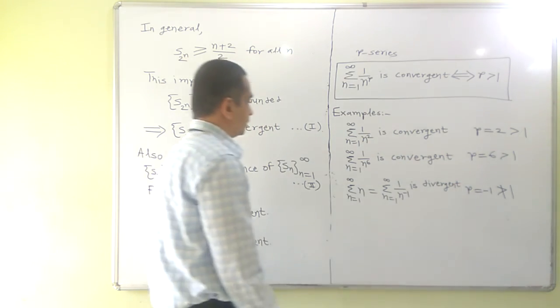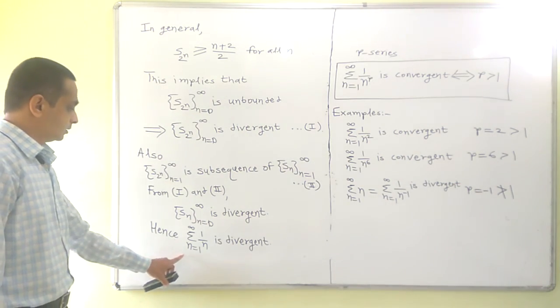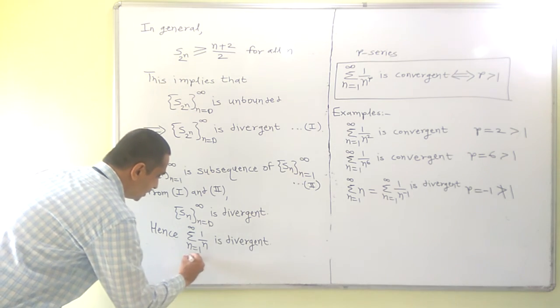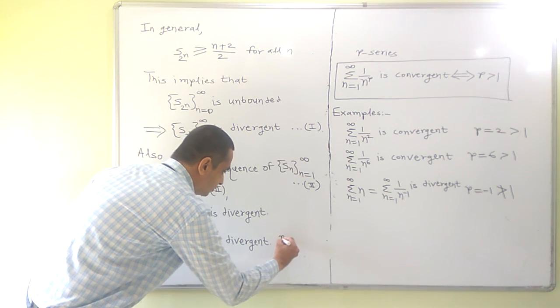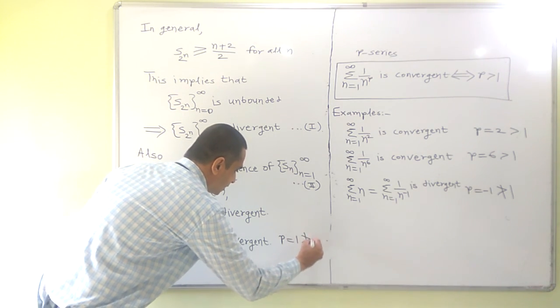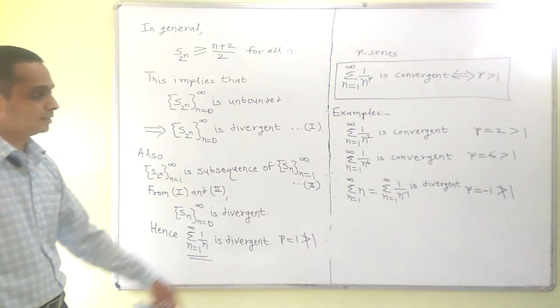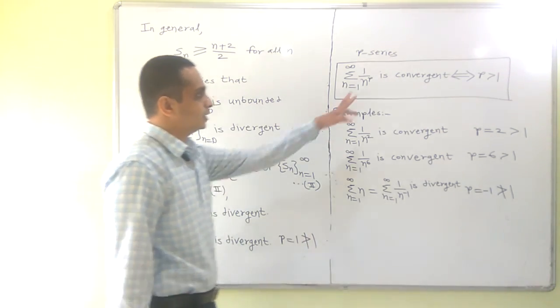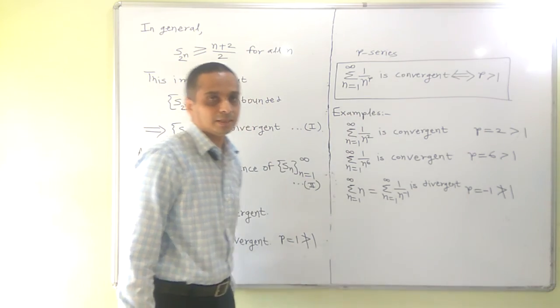Also, here this is a P series with P equal to 1, which is not greater than 1, hence it is divergent. So the P series is convergent if and only if P is greater than 1.